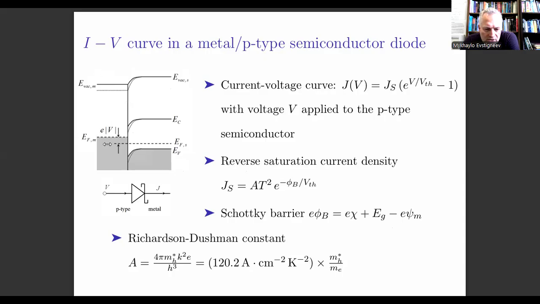Subtract the metal work function, you get the Schottky barrier height. And the same expression holds for the Richardson-Dashman constant, except you need to replace the electron effective mass with the hole effective mass, because now it is the holes which are the majority charge carriers which participate in the current formation. So we are done with the metal semiconductor contacts.